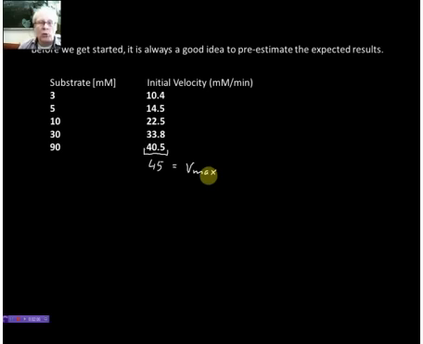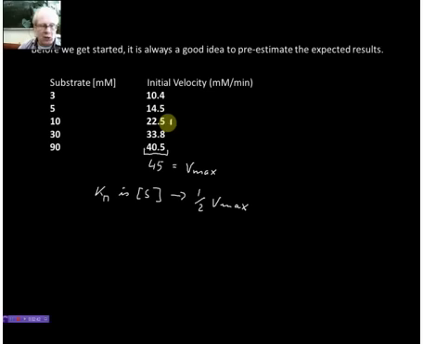Now, what would be our Km? Well, we know that Km is defined as the substrate concentration which gives us exactly half of Vmax. So all we need to find is basically the substrate concentration that gives us half of Vmax. Well, half of Vmax is 45 millimolar per minute, so half of Vmax would be 22.5, this one here, that's half of Vmax.